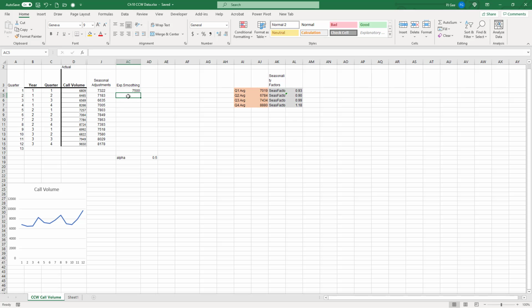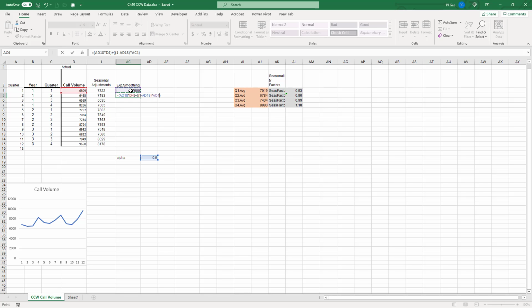So what do we need to do? Now this is going to be somewhat of a formula, right? There's going to be two terms in here. We need alpha times the previous value reading, plus 1 minus alpha times the previous forecast, the one right above us.